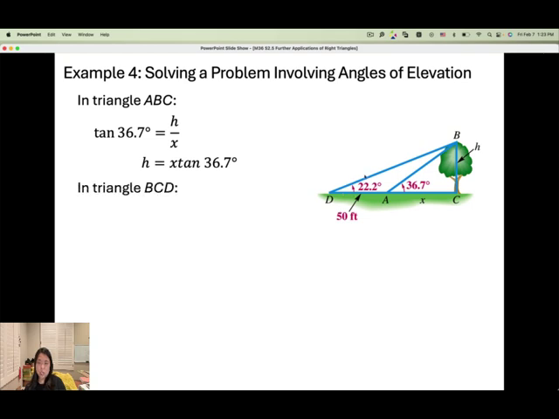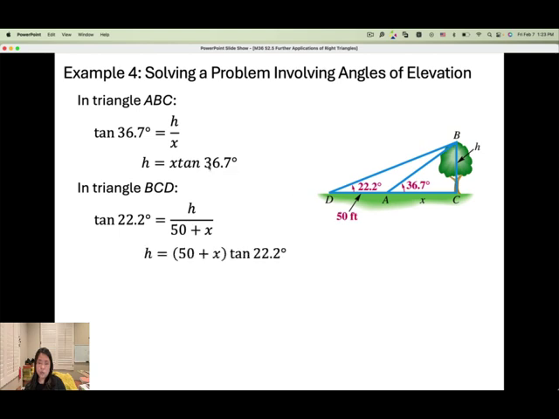Do the same thing: tangent 22.2 equals the opposite, which is the h, over the adjacent. The adjacent will be 50 feet past the x here. Simplify it.